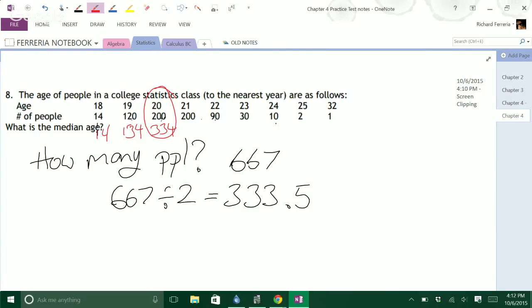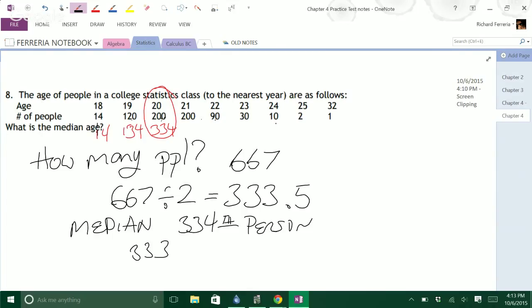So the median would be 20. The median is going to be the 334th person. And just to kind of illustrate, there are 333 people, then one person, then 333 more people. This guy in the middle is our median. The 334th person.